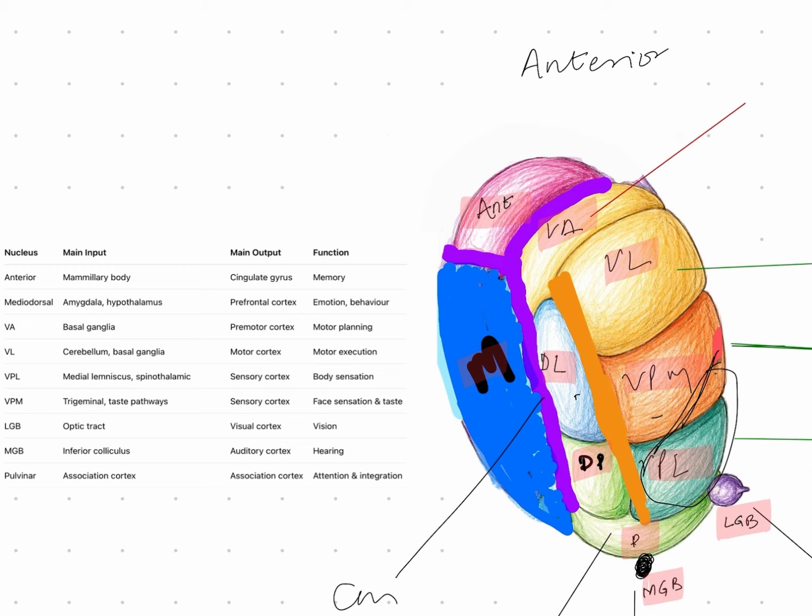So if you have to think about where the sensations are coming from to which nuclei, first we'll go to the ventroposterior lateral. So lateral, it will take sensation from the medial lemniscus and from the spinothalamic tract.